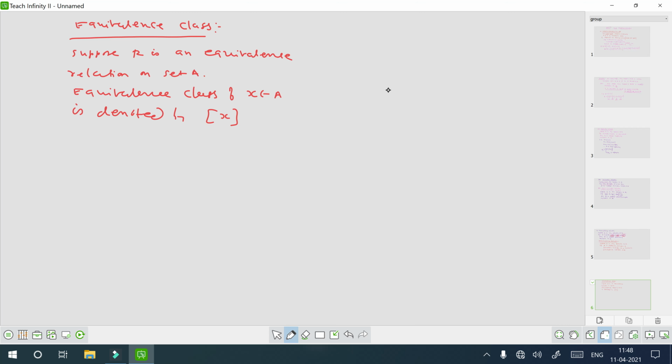Keep in mind, only for chapter number 1, the square bracket x denotes equivalence class. Otherwise, it is the greatest integer part function in the rest of mathematics.